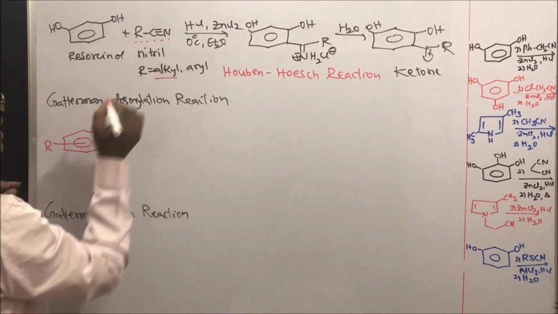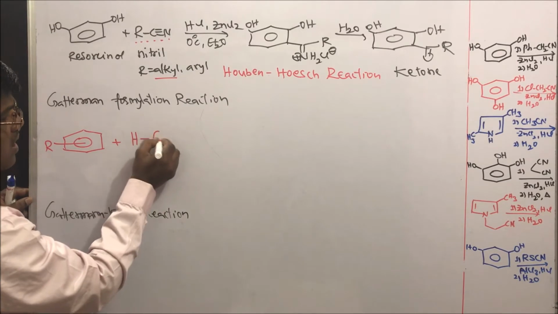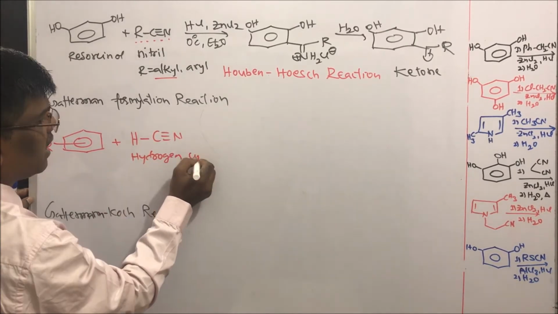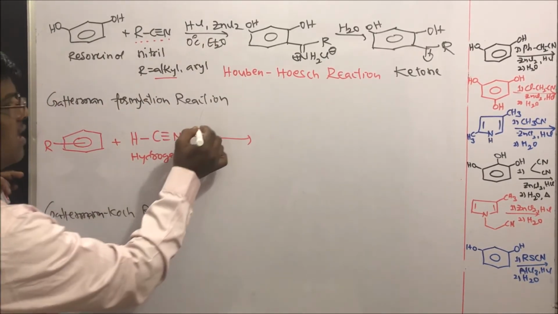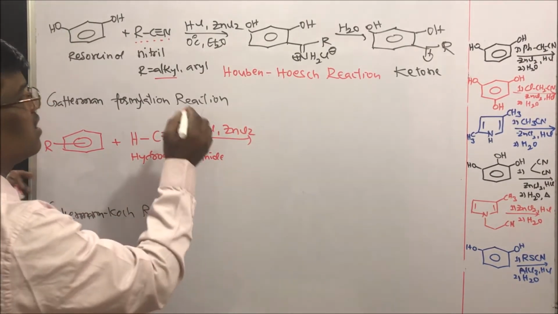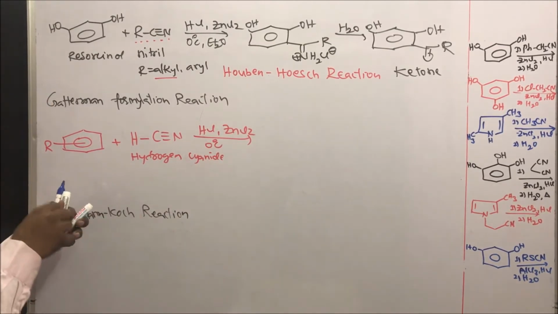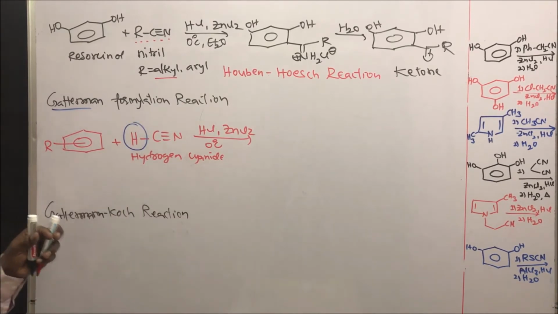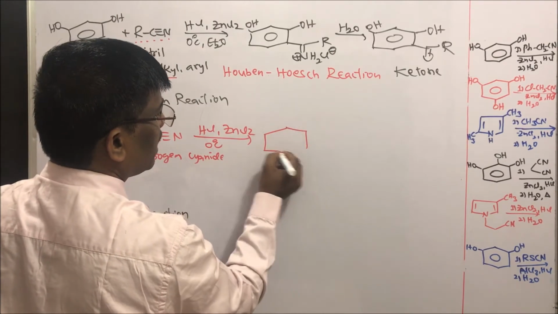The condition is I am going to use hydrogen cyanide, and the remaining things are the same, HCl, zinc chloride, or I can use aluminum chloride here also, and conditions are 0 degrees Celsius and remaining are the same. The only difference in Gattermann formylation is the use of hydrogen cyanide to give the same ketimine hydrochloride here.